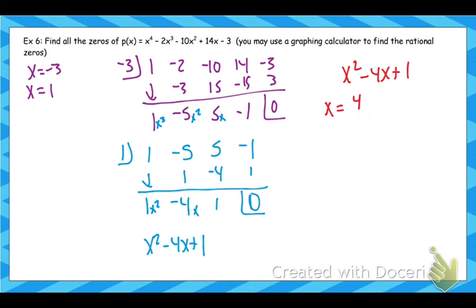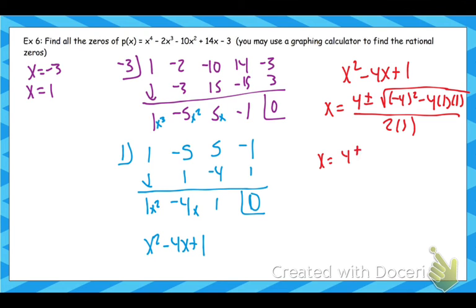So x equals negative b plus or minus the square root of b squared minus 4ac all over 2a. So 4 plus or minus the square root of 16 minus 4.